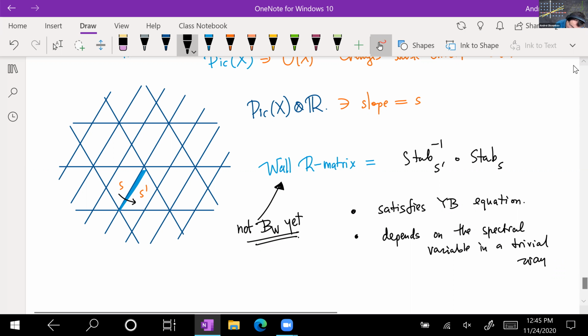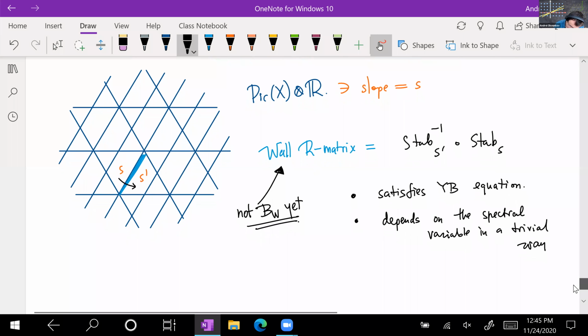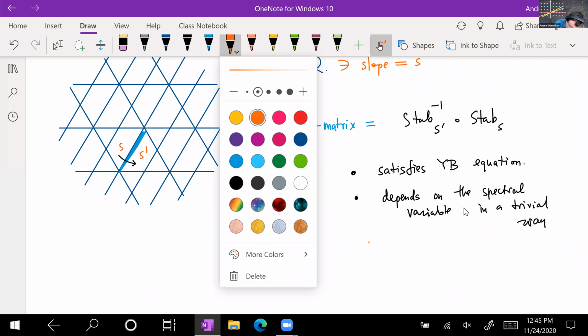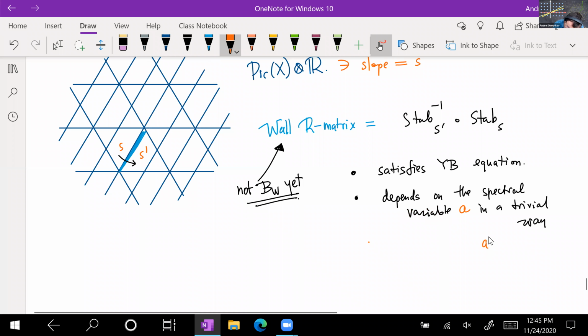Trivial way means, the R matrix has some spectral variable, maybe we call it A. Trivial way means A to some monomial. You agree?